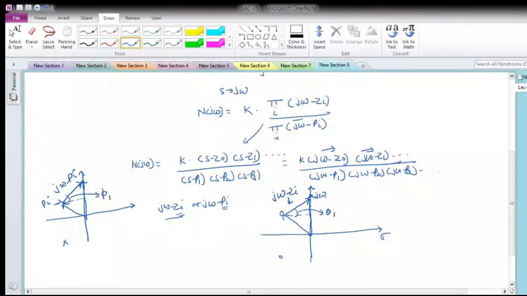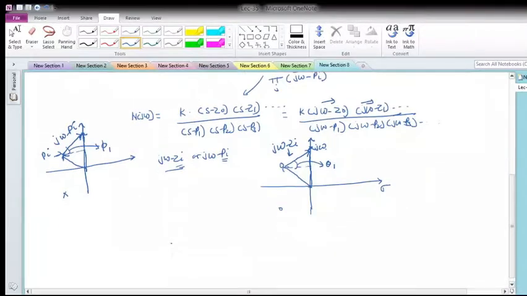Okay, so now in N of j omega there will be so many factors related with the zeros and poles. So if I do it graphically, I can write N of j omega as follows. Here I get one magnitude, say this is my n1 magnitude and this is my m1 magnitude. So I get m1 with angle e raised to j phi 1 here, and the magnitude n1 with angle e raised to j theta 1 here.